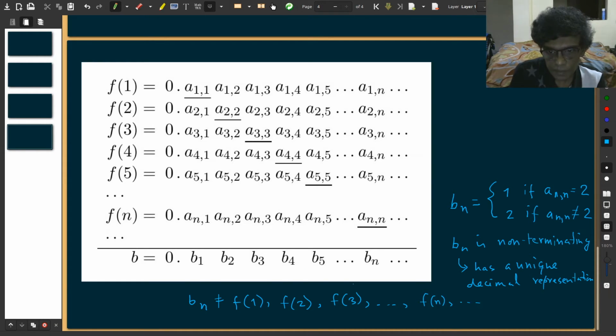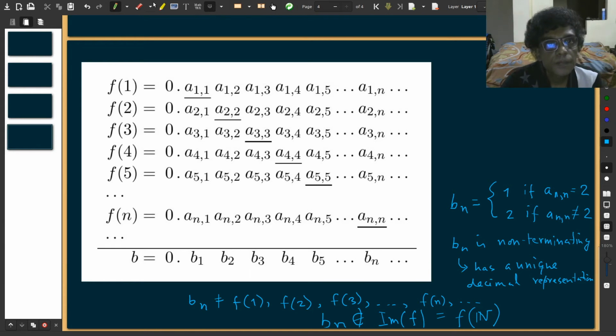That essentially implies that b is not in the image of f.